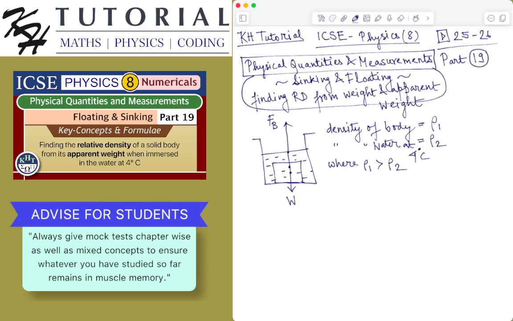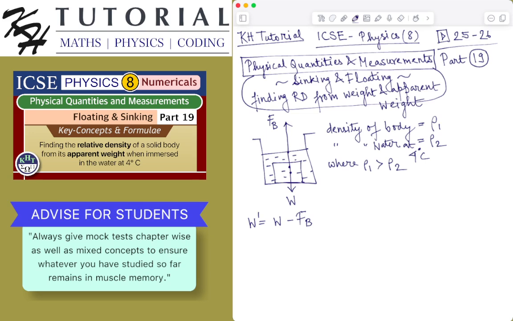The apparent weight W dash is nothing but W, its own weight in air, minus the buoyant force. This is the apparent weight of the body when denser than water at 4 degrees centigrade, when it is completely immersed, it has sunk.